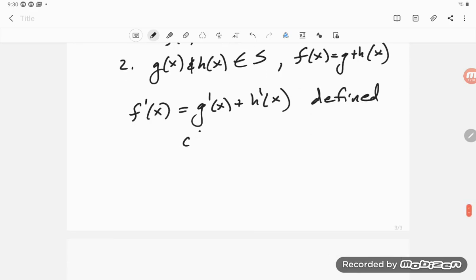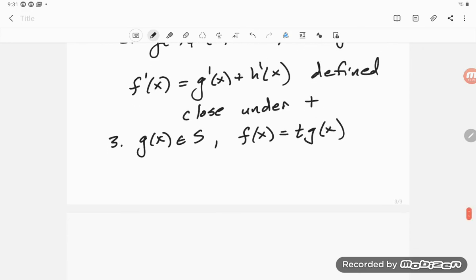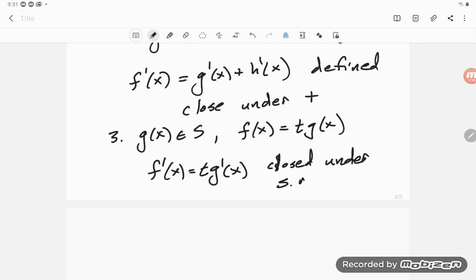And so we have closure under addition. 3, if we let g of x be an element of S, and f of x is equal to some t times g of x, for t a real number, then of course we know that f prime of x is just t g prime of x, so it's defined, and so we have closed under scalar multiplication.